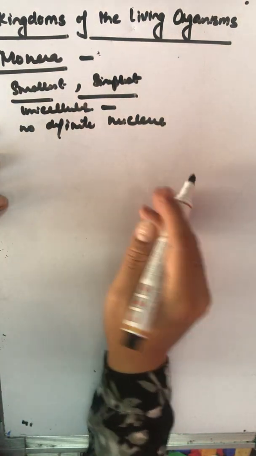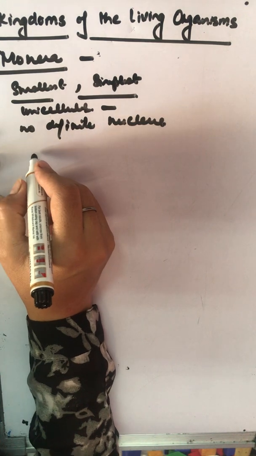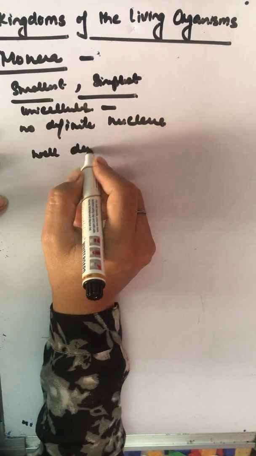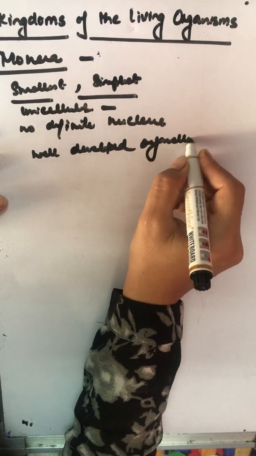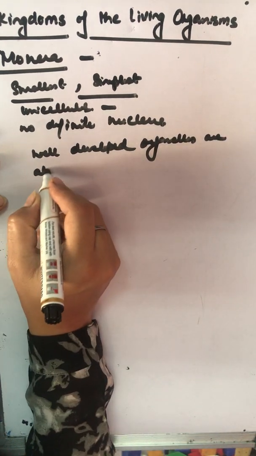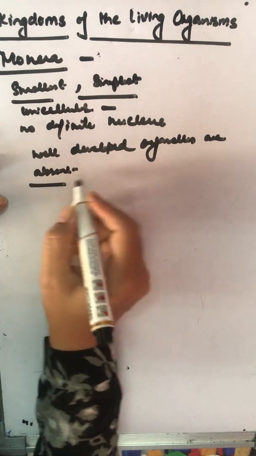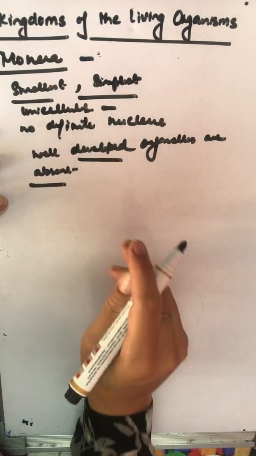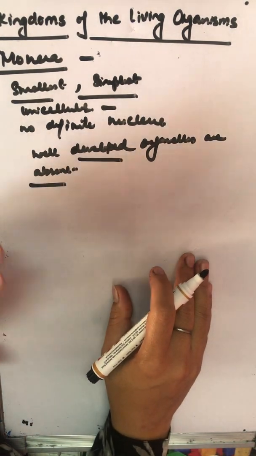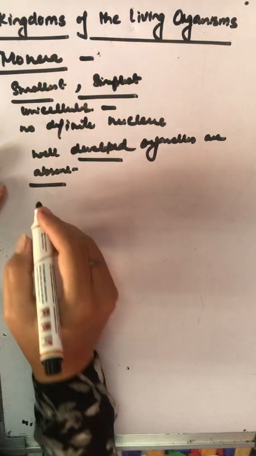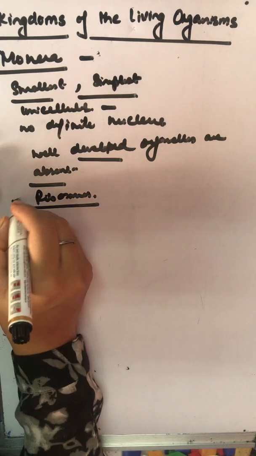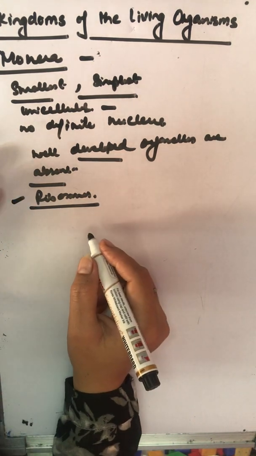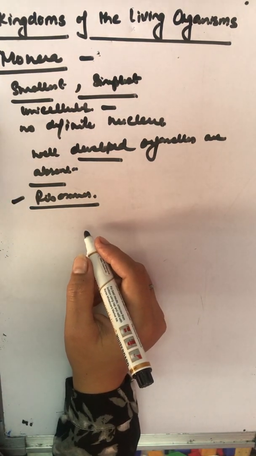Basically, they do not have well-developed organelles also. Organelles like mitochondria, plastids, Golgi apparatus, endoplasmic reticulum, centrosomes are absent. Only the ribosomes are present. Then cell wall is generally present.